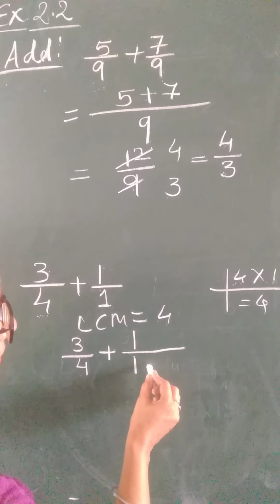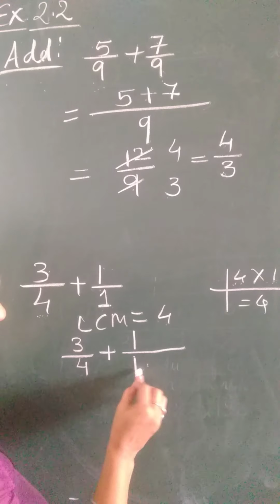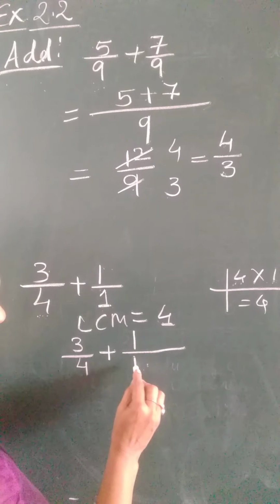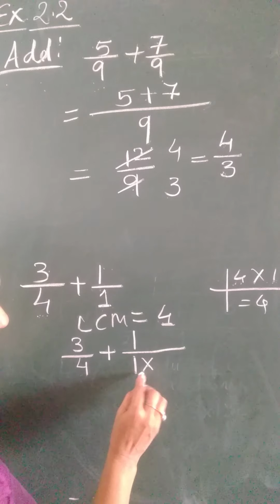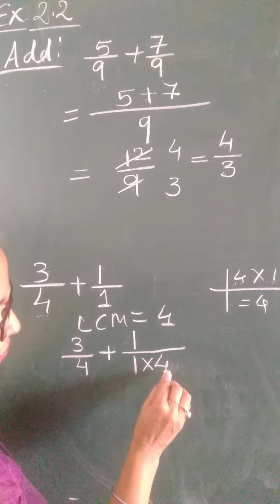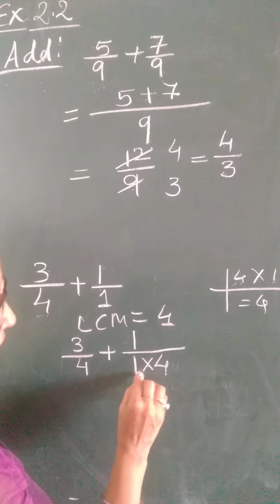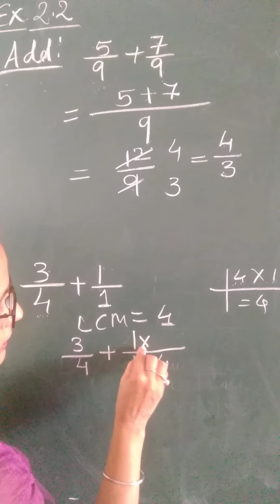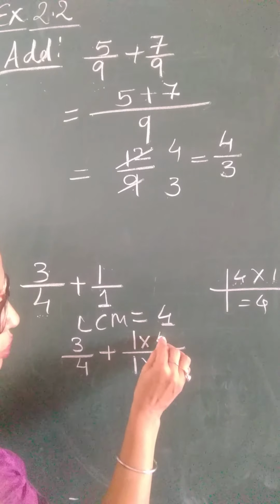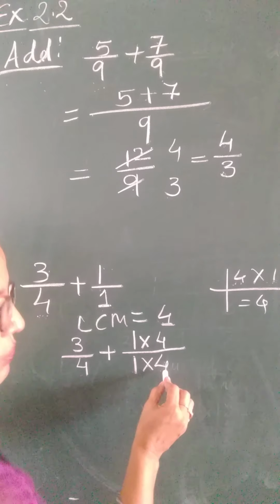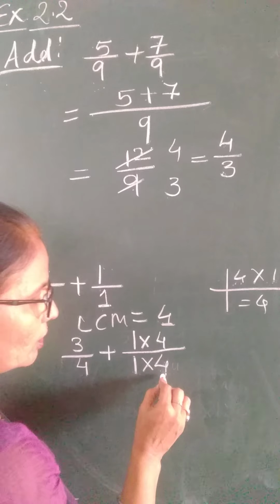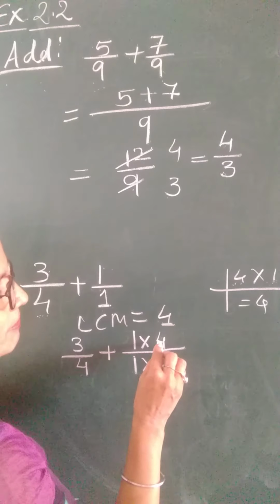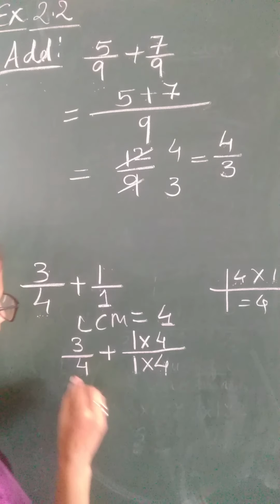Now in the denominator here there is 1, and what do you want? 4. So you will multiply this denominator by 4, because 4 ones are 4, and you have to multiply the numerator by the same number also. Remember this, whatever you multiply in the denominator, the same you have to multiply in the numerator.